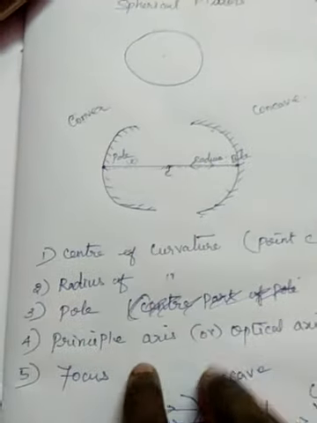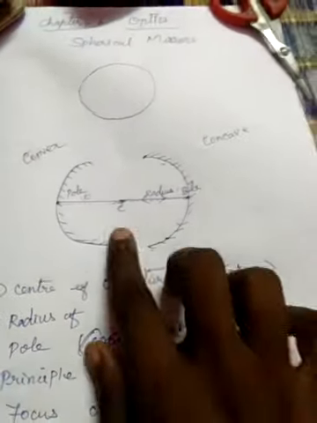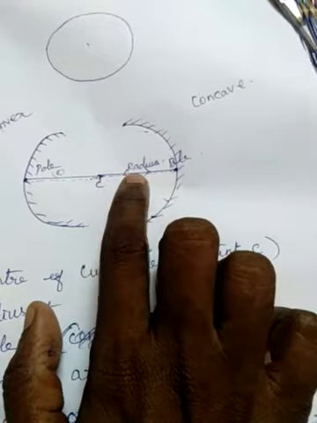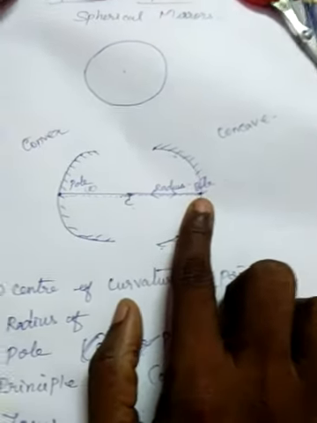Next, the fourth one, the principal axis. What is the principal axis? You see the light rays going through the center of curvature to the spherical mirror.